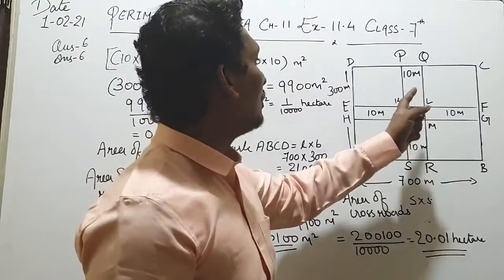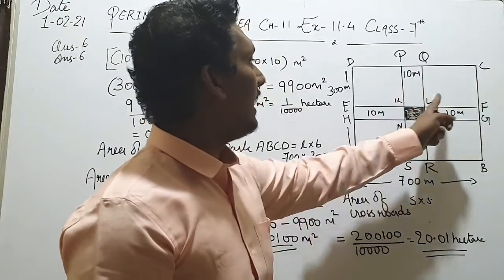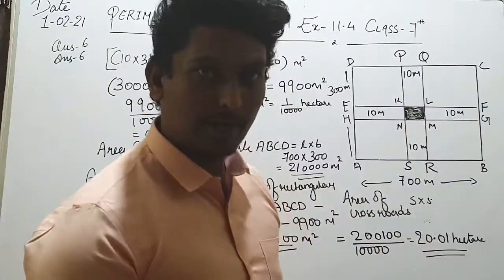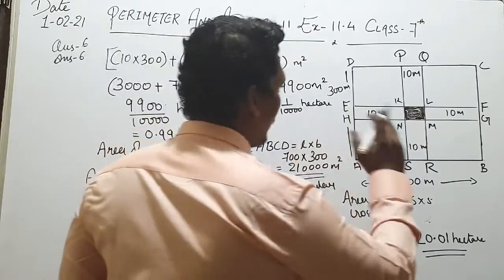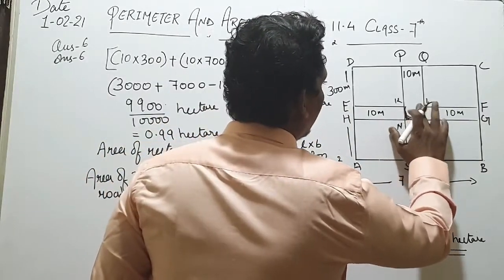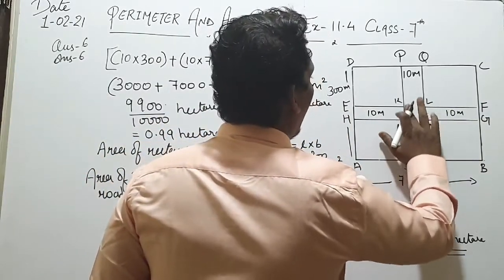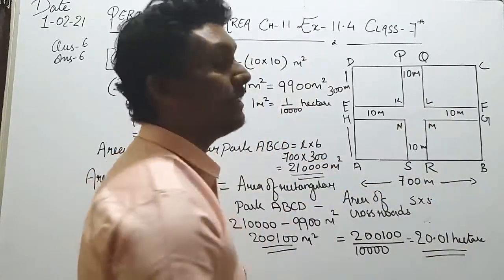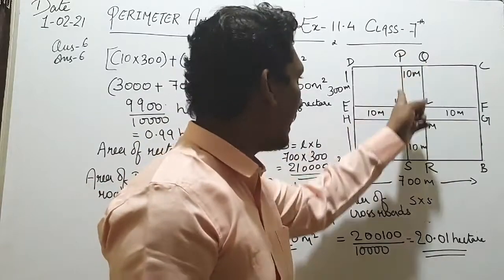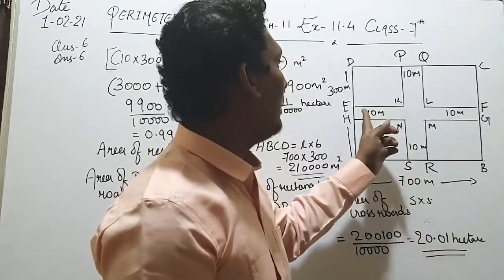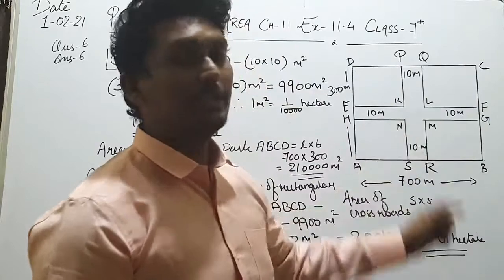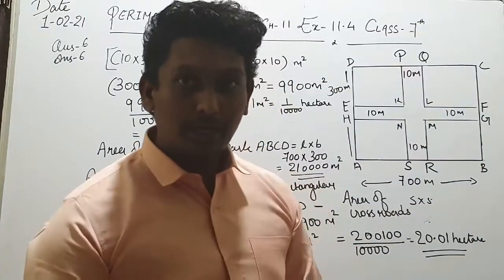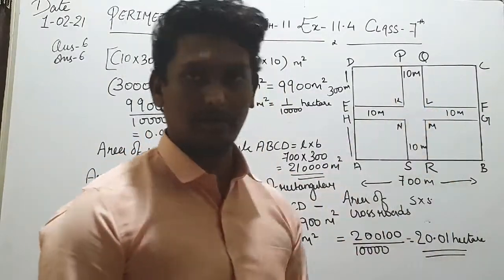This KLMN makes a square here. So we have to just remove this square and find the area of this rectangle PQRS and rectangle EFGH. That's why we are excluding the area of the square here.